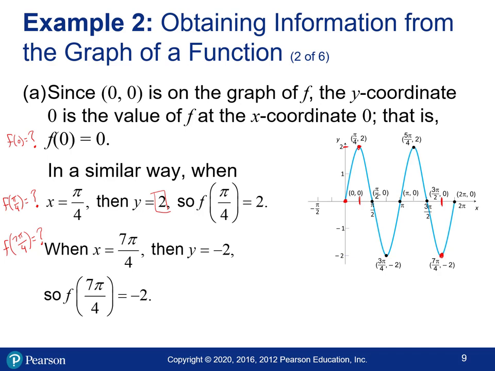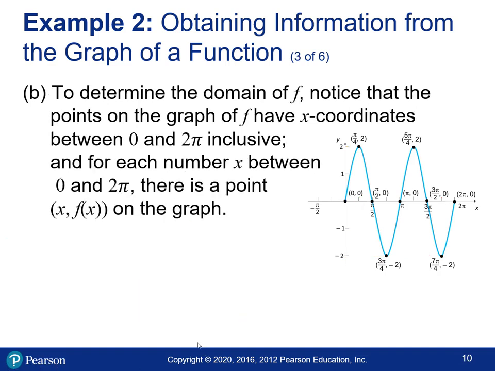And if it wasn't labeled, which it is, it's labeled as -2, you would just go over to your y-axis over here, and you would say it's -2. Okay, so that's the answer for that one. So anytime you're asked f of some number, it's really asking you what is y. So find y when x is that number.